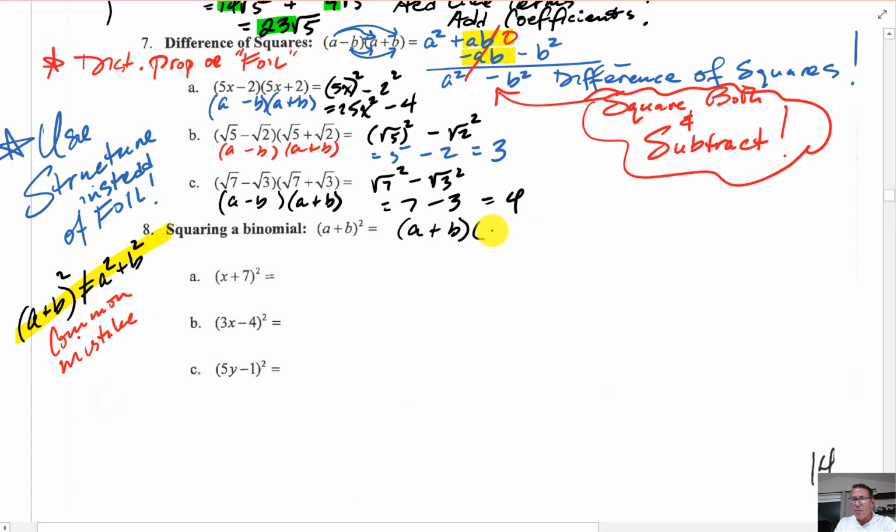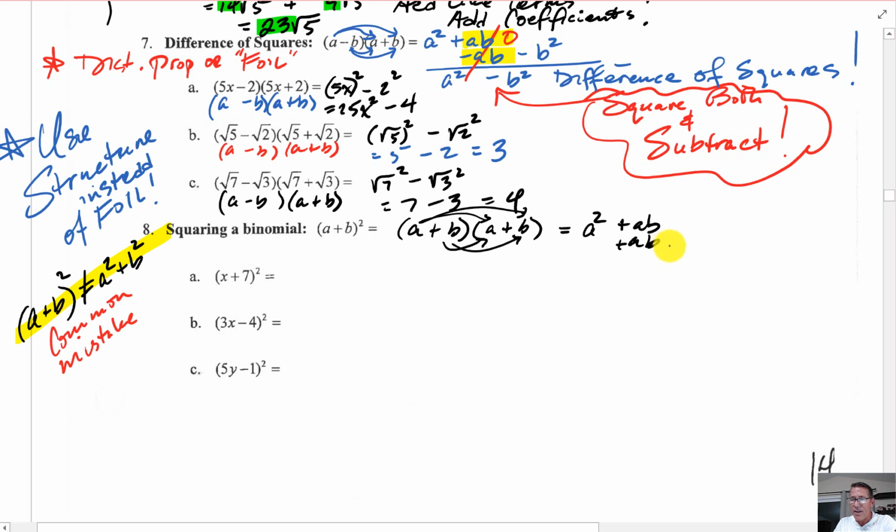All right, so A plus B times A plus B. So let's multiply out. So A squared, okay. A times A is A squared. A times B, obviously AB. And B times A, AB again. I'm going to put another plus sign because B times A is A times B, right?